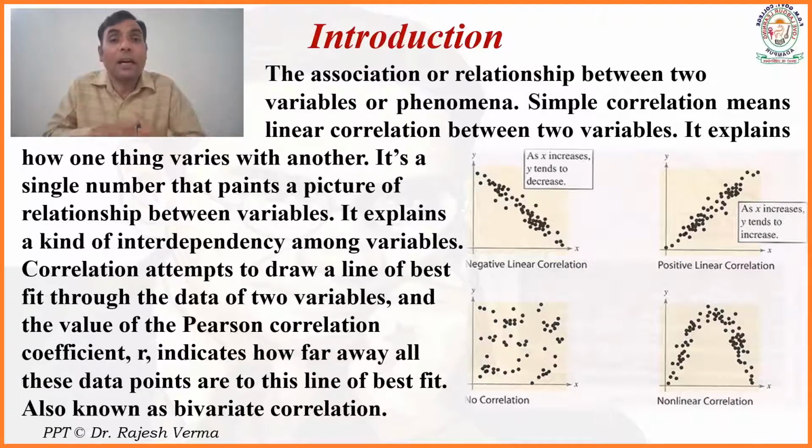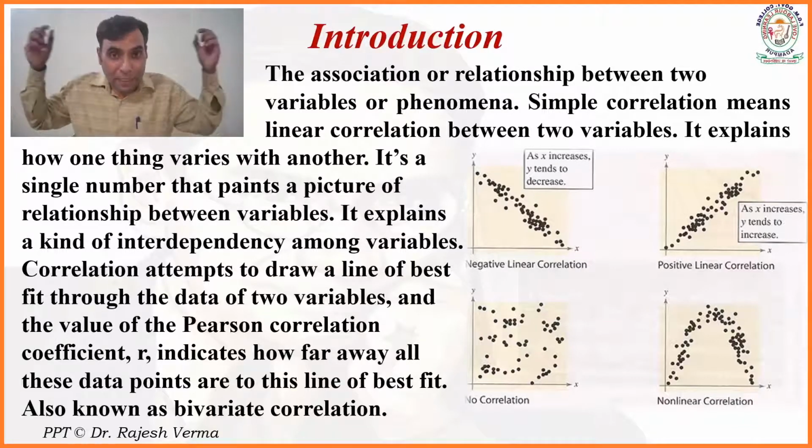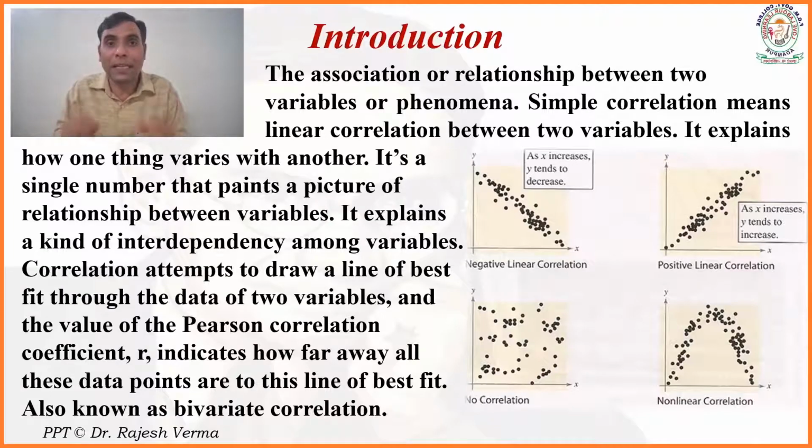You can make a number of lines, but the line of best fit will be that line which passes through that group of students which have the highest density. So that line will be described as the line of best fit. And dear friends, when we calculate the coefficient of correlation, it only tries to paint that line of best fit through the data set of the two variables.